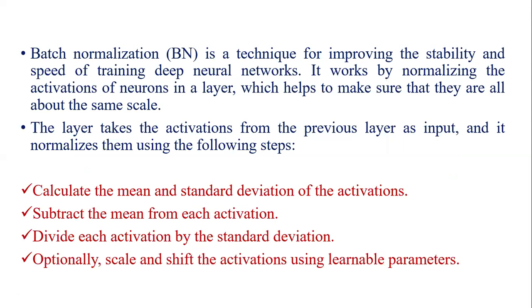And where can you apply it? Suppose you want to classify the category of an animal, it may be a dog or cat, anything, there you can approach the batch normalization technique also. The major steps are: calculate the mean and standard deviation of the activations, subtract the mean from each activation and divide each activation by the standard deviation, and optionally scale and shift the activations using learnable parameters.